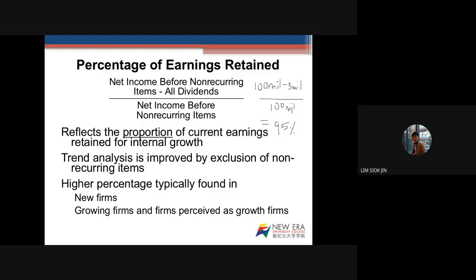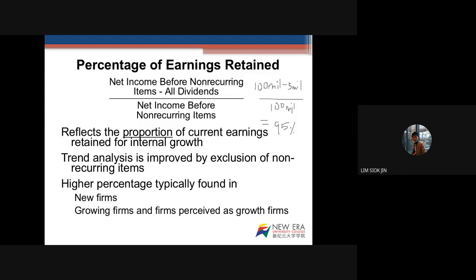Okay? So when the company retains so much, it means one thing. It means that the company is going to use this money to reinvest in the company. To reinvest. That means they have a lot of business and they need a lot of money. So they don't pay out all the money, but they use the money for future expansion.